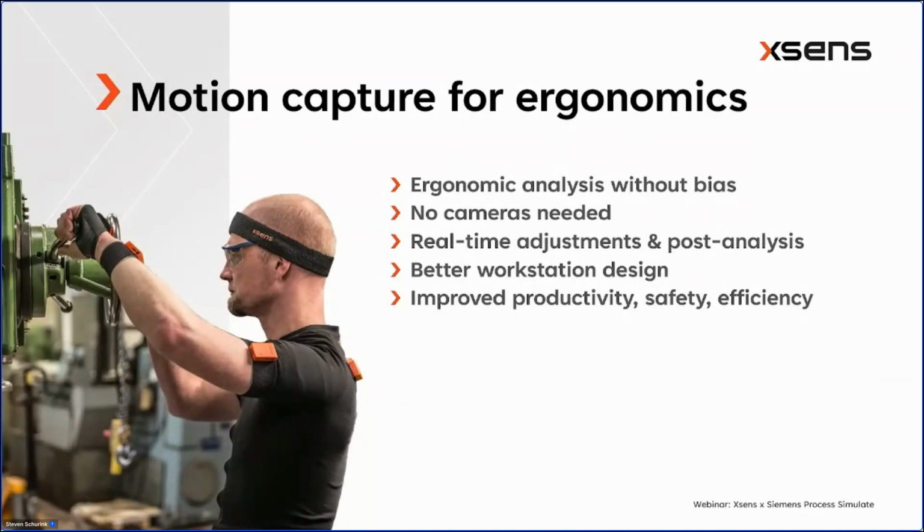Using inertial motion capture technology also has the large benefit that you don't need any cameras in the workplace. With this ergonomic analysis, you can do real-time adjustment to your workplace, but also use it to analyze afterwards. That will result in a better workstation design, and with that improved design, you have improved productivity, safety, and efficiency.